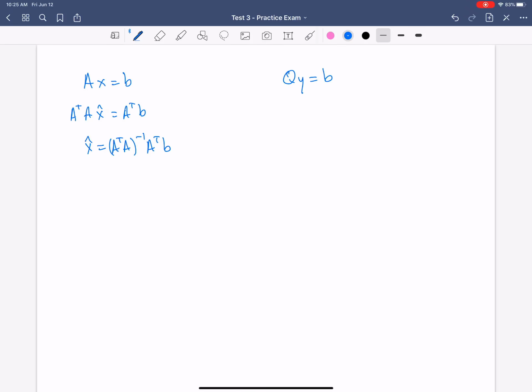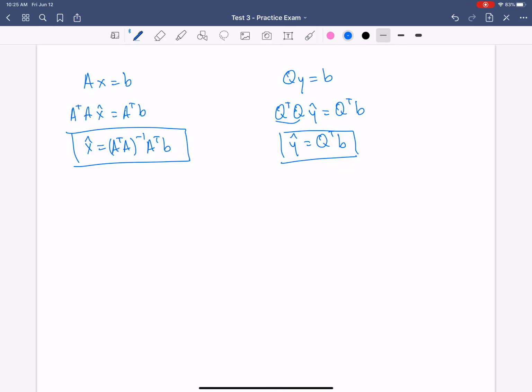We have Q transpose Q Y hat equals Q transpose B. Now remember, Q transpose Q is just the identity matrix, so we have Y hat equals Q transpose B. Now what is the difference between this Y hat and this X hat?